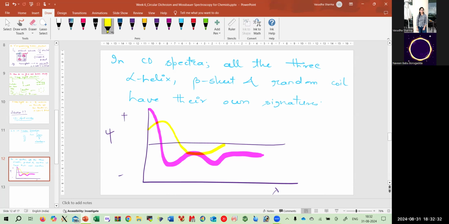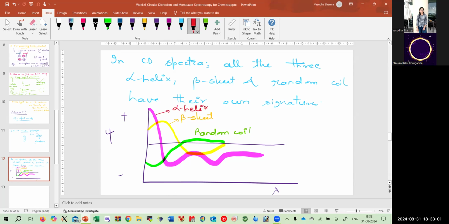And the random coil has a totally different signature, which starts from the negative end, giving a minimum depth, and then coming to zero. If you clearly see over here, this is your random coil in green. This is your beta sheet, and this one is your alpha helix.